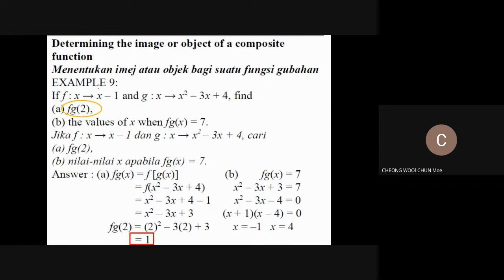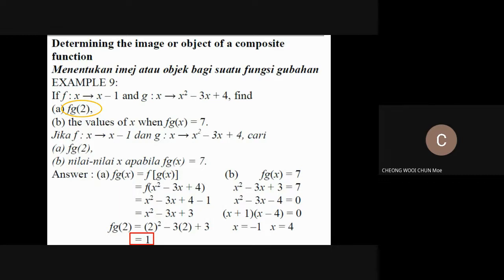Example 9. If f(x) equal to x minus 1 and g(x) equal to x squared minus 3x plus 4, find a, fg(2). Before you find fg(2), you must find the formula for fg(x). So fg(x) equal to f(g(x)).